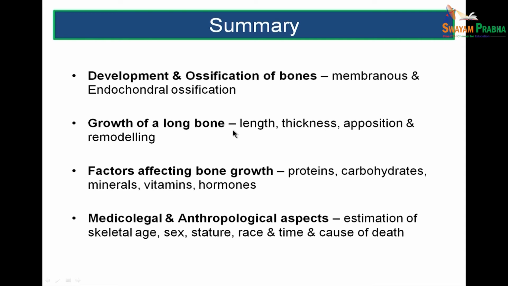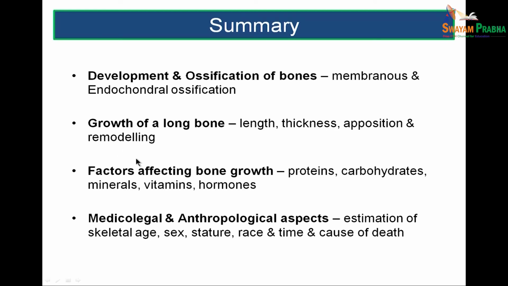To summarize, we have spoken about development and ossification of bones by two methods, a membranous type and an endochondral type of ossification. We spoke about growth of a long bone, growth in length, growth in thickness, appositional growth or remodeling of bone.